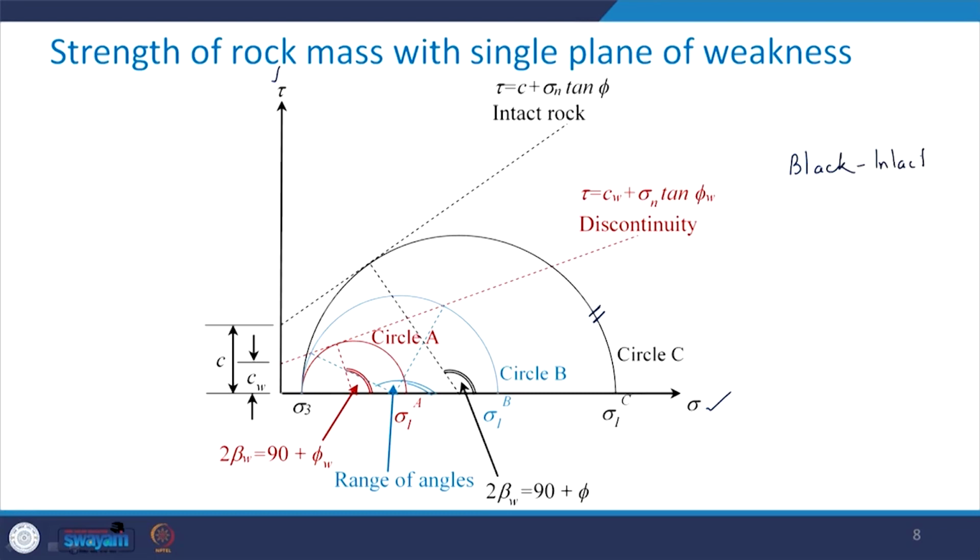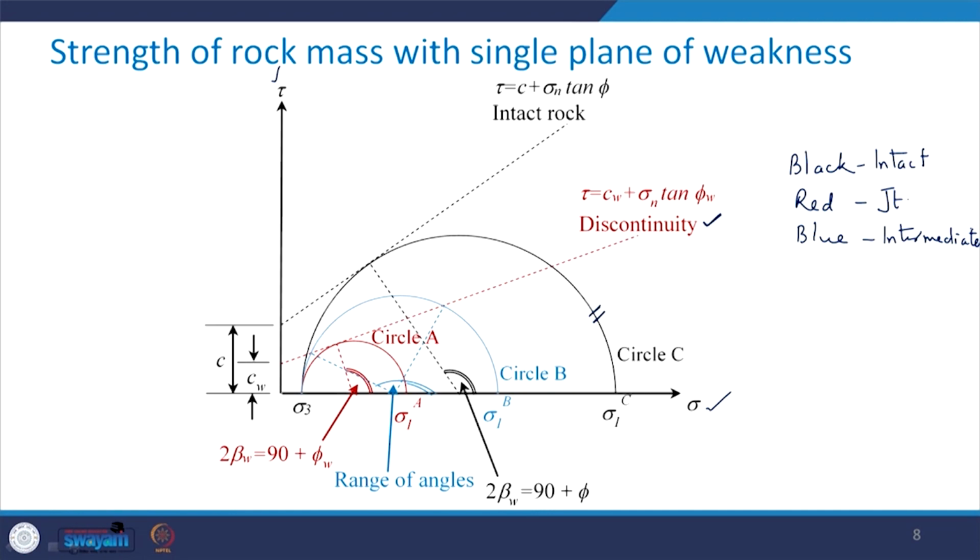The other one is red color for the joint, and the third one is blue, which is somewhere in between, so that is the intermediate condition. Why do we have all these 3 and how are these going to help us in interpreting the single plane of weakness theory? Let us have a look.